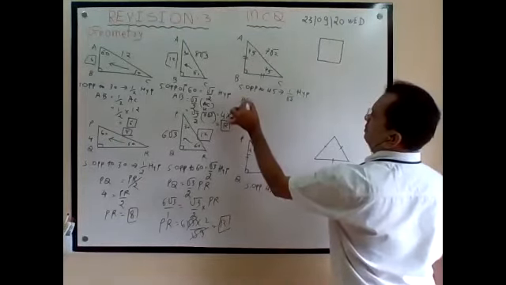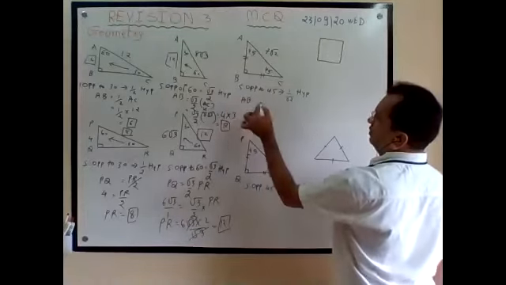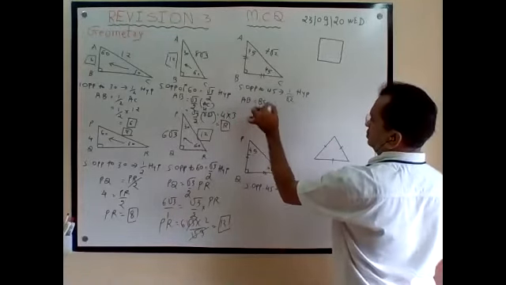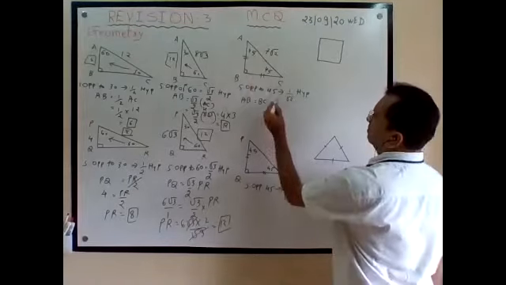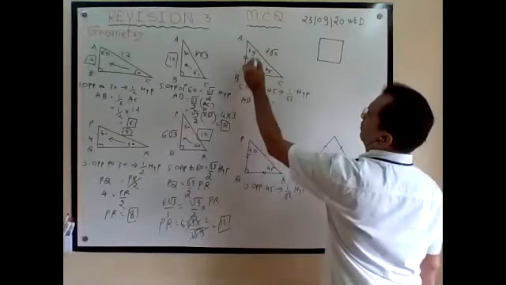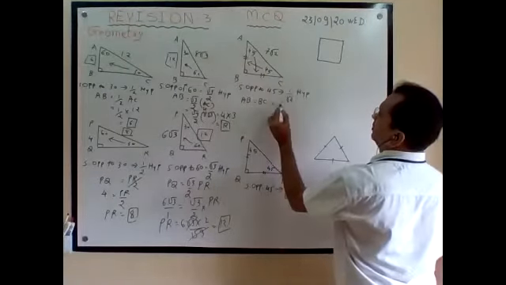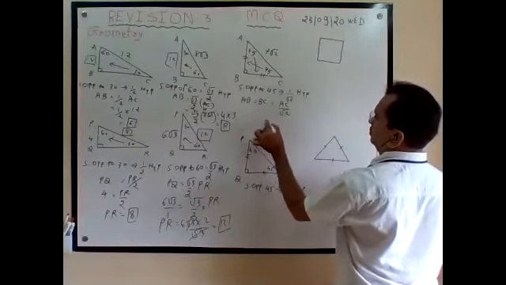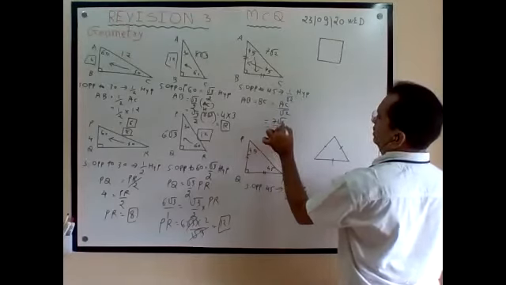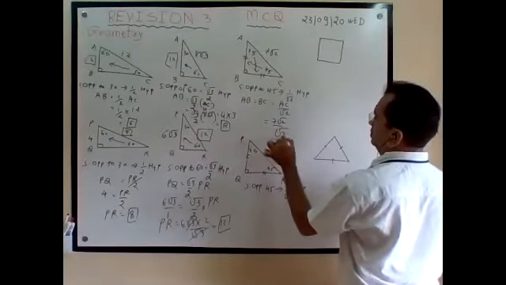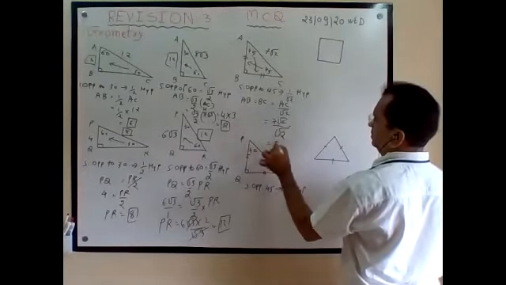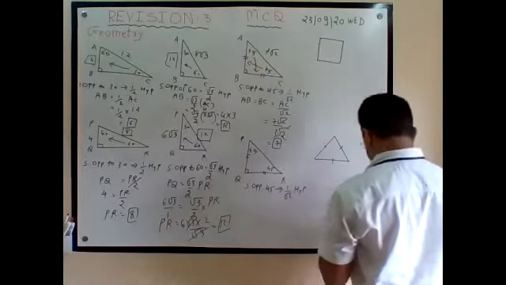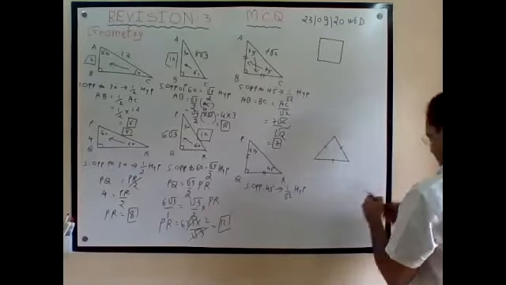So AB also side opposite to 45, BC also side opposite to 45, because both are equal. Hypotenuse is only one, AC by root 2. 7 root 2, root 2 cancel. So final answer is 7.